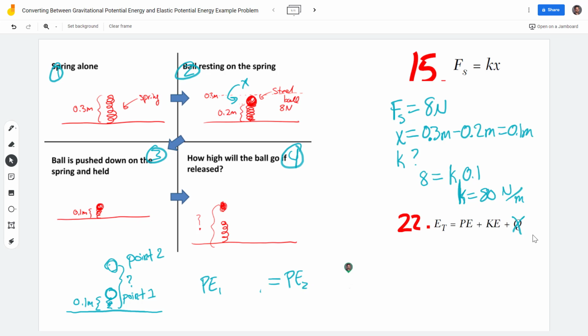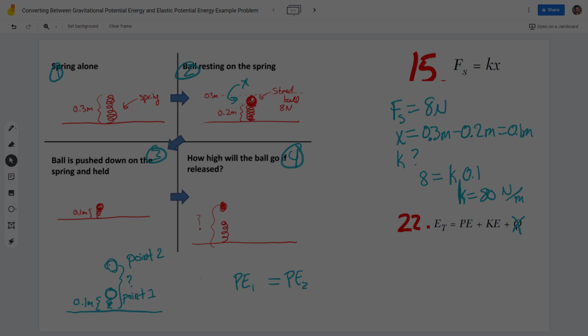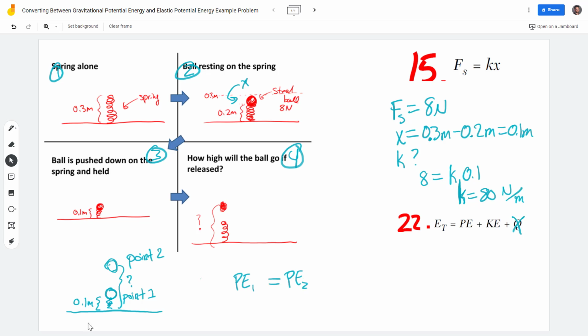Now, these are different types of potential energy, though, right? At point 1, what is the potential energy? It's the potential energy in a spring. So we should use that equation, which is equation 16 on your reference tables. And what type of potential energy does it have when it's up in the air?